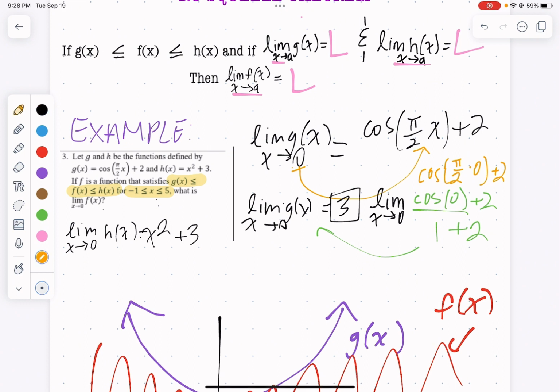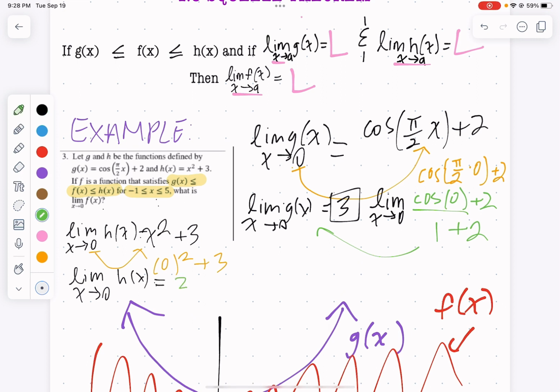Once again, we plug that 0 in for x to find our limit. So 0 squared plus 3. Once you add that up, the limit as x approaches 0 of h of x is going to be 3 also.